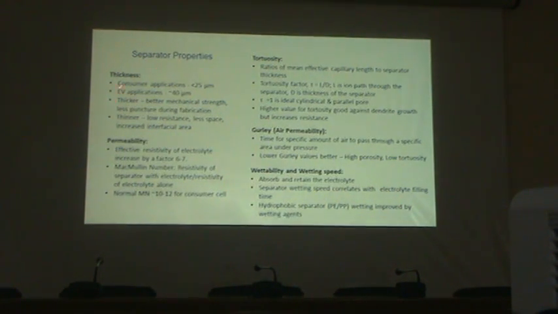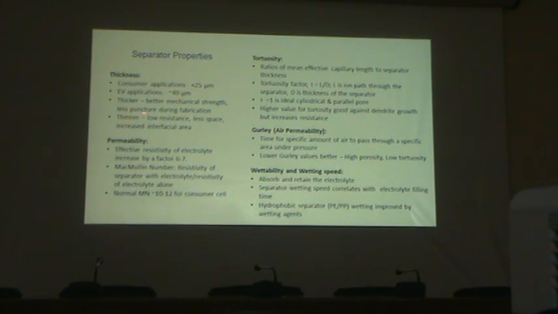Like thickness. For consumer applications, preferably you should have less than 25 micrometers. For EV applications, you should have a thicker separator because your battery pack is bigger, so it's better to be safer. It also gives better mechanical strength and less puncture during fabrication, in the sense of when you handle the separator while making an assembly.